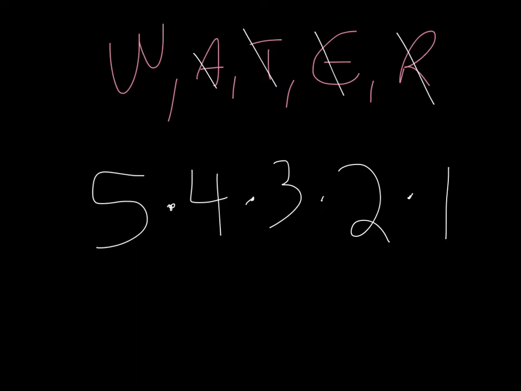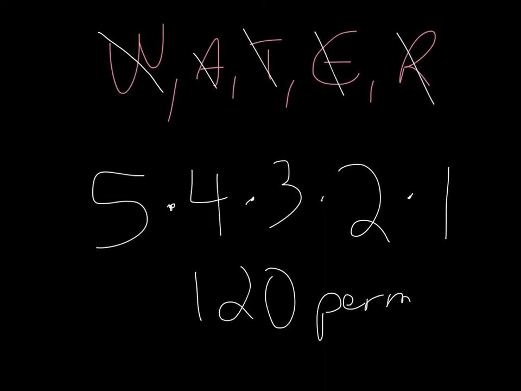Now if I multiply those all out, how many permutations are available? You would say 5 times 4 times 3 times 2 times 1, which is 120, meaning there's 120 permutations that you can make from the letters W, A, T, E, and R.